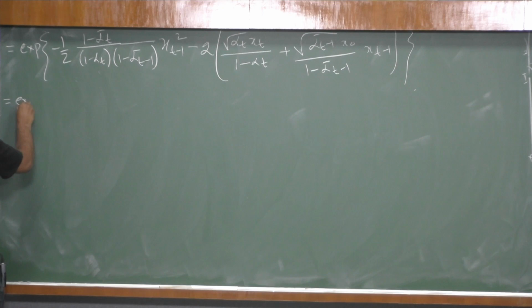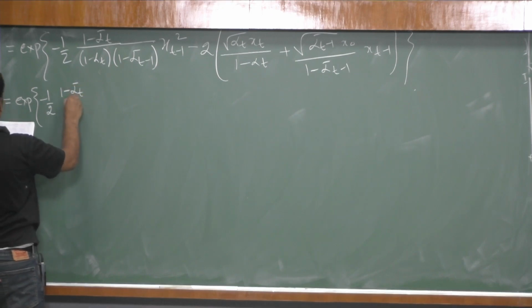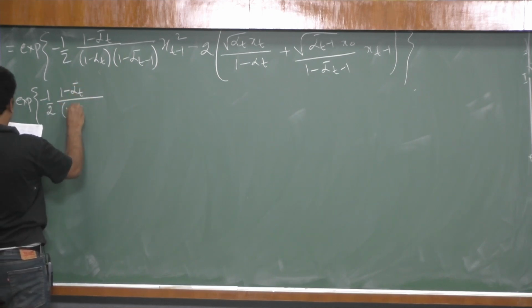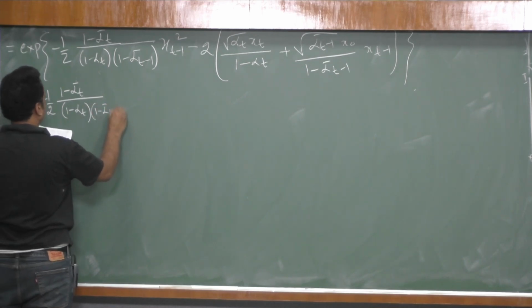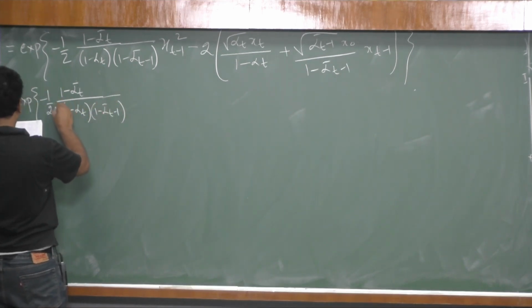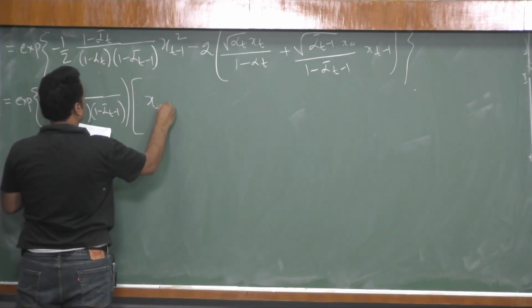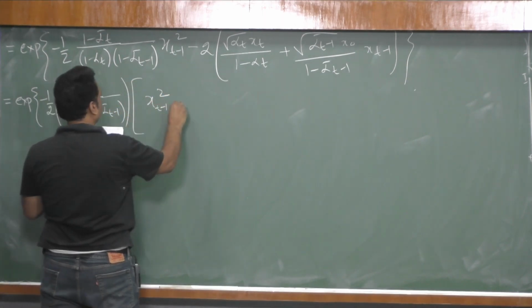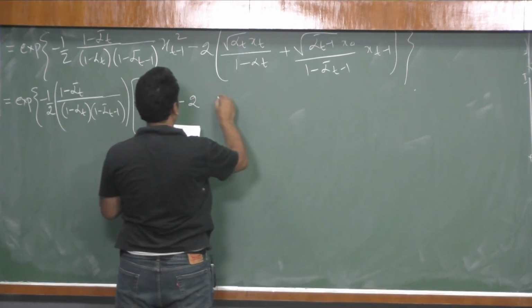So this is exp minus half, 1 minus alpha bar t, 1 minus alpha t, 1 minus alpha bar t minus 1. So we have taken this common, then we are left with xt minus 1 squared minus 2, and then this guy is on the numerator.